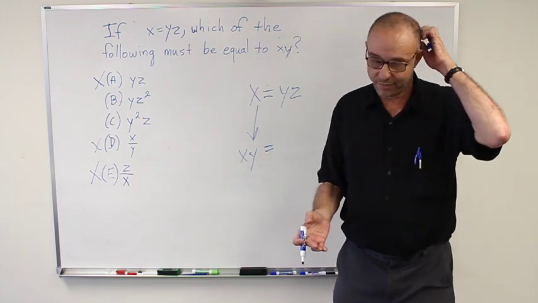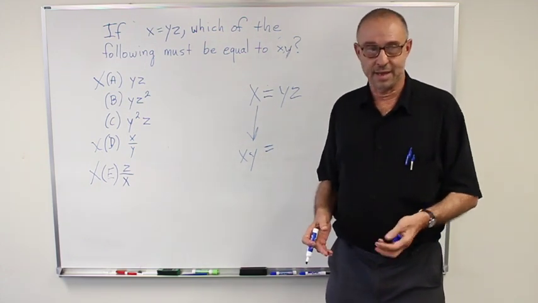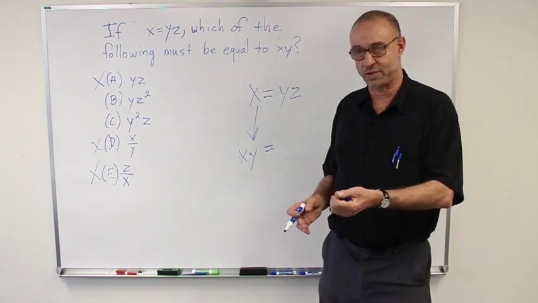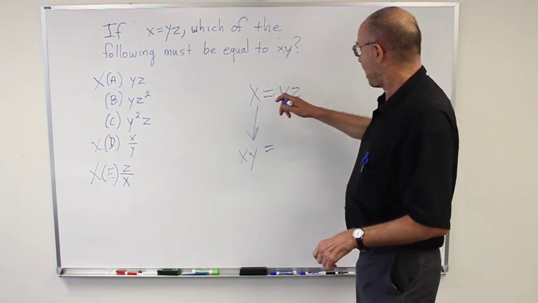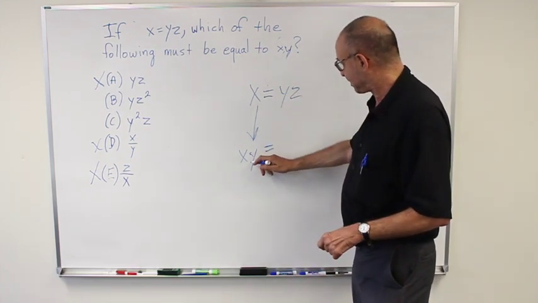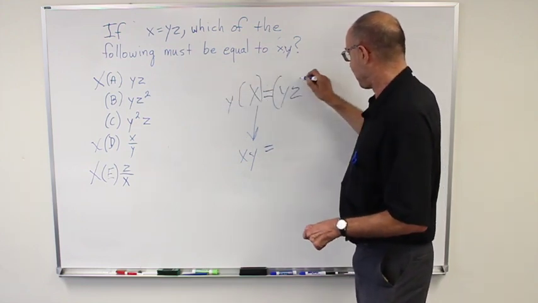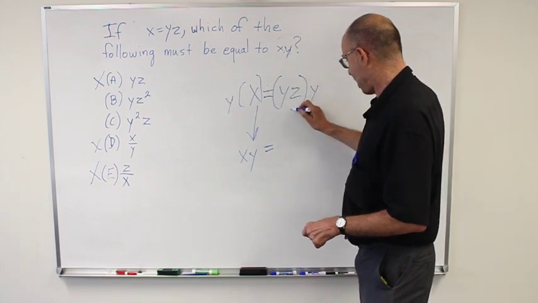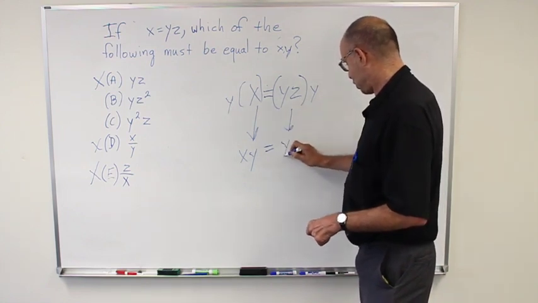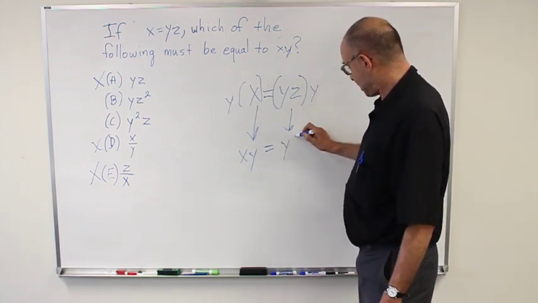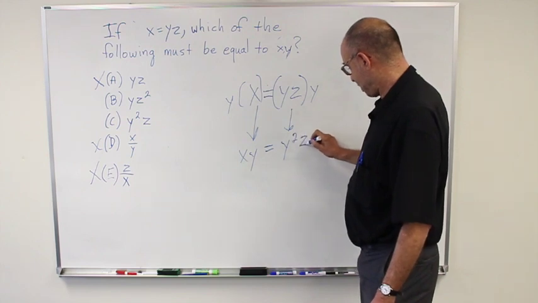In other words, if I have x equals y, then x plus 4 equals y plus 4. So if x equals yz, what does x times y equal? I'm multiplying this by y. I have to take the other side and also multiply by y. And again, I get the same answer, yz times y, or y squared z.